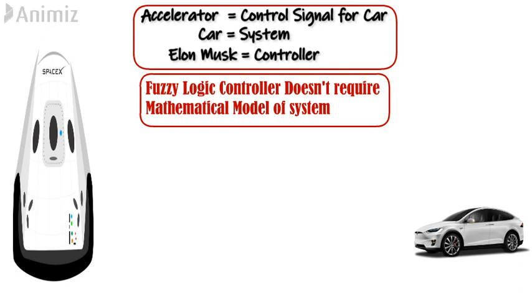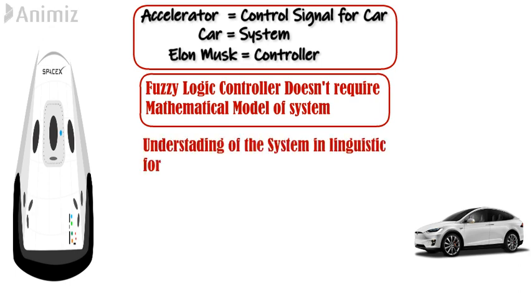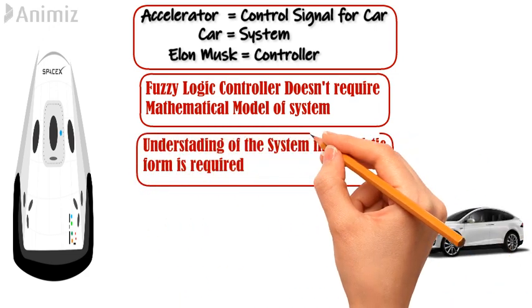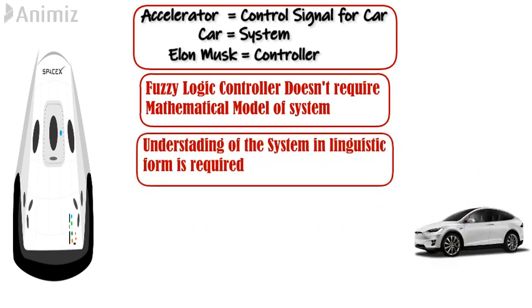Okay, so to sum it up, just try to understand the overview of this example. You must have a clear idea about the working of the system in linguistic or language form. You must have an idea like, okay, this particular action will make the system behave in this particular way.